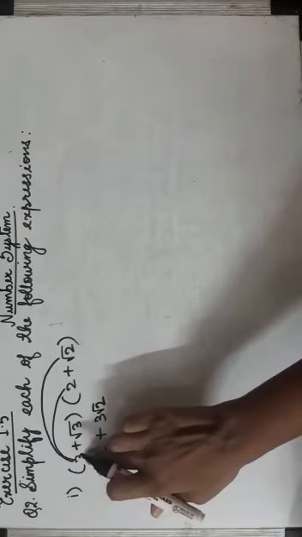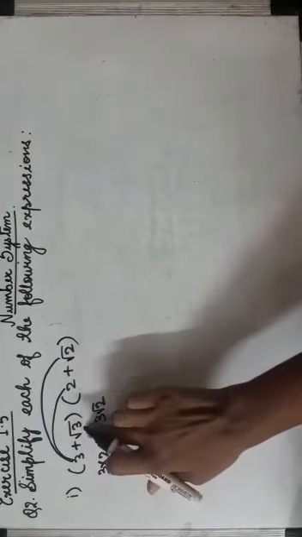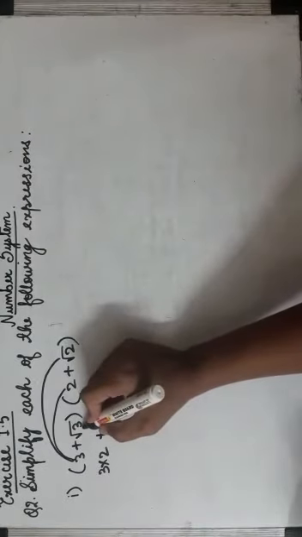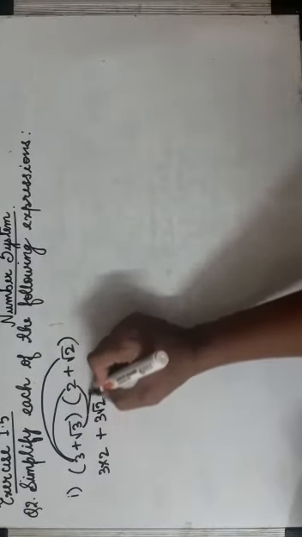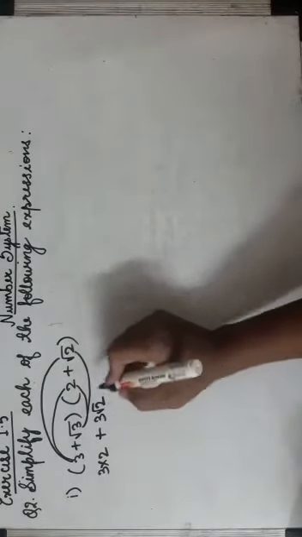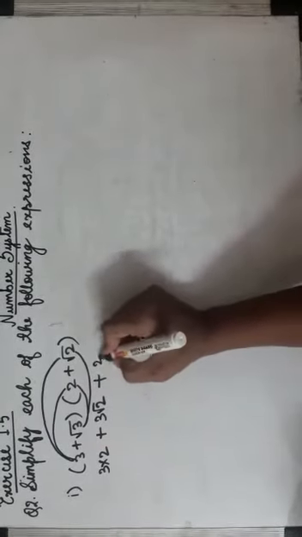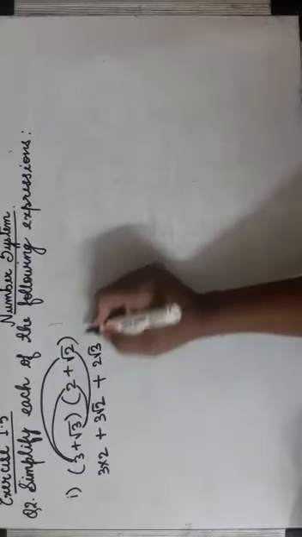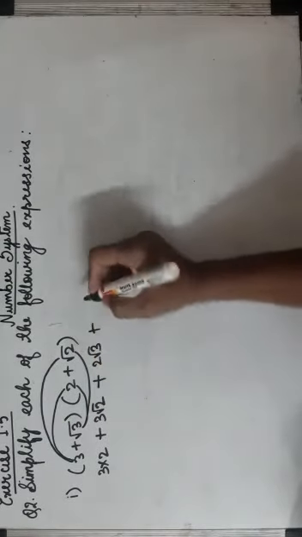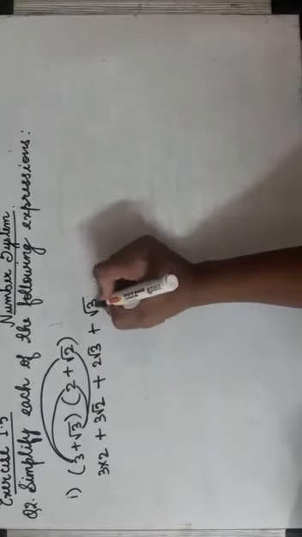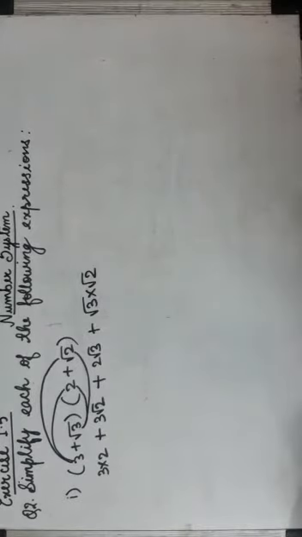Now multiply this bracket with the second term. Multiply this root 3 with 2 and then with root 2. Again in between there will be addition only. Root 3 into 2 will be 2 root 3. Addition is there, and root 3 into root 2.